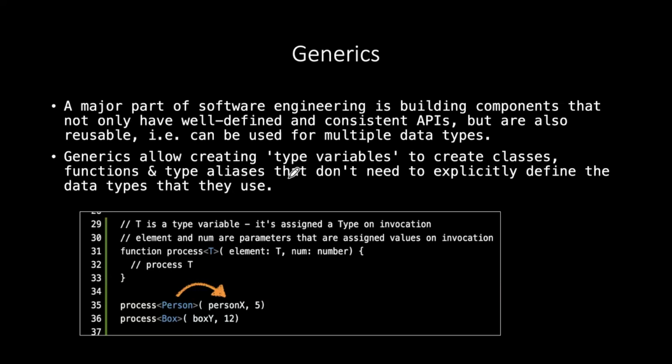It allows us to reuse classes, functions, and types in different scenarios. The second bullet point: generics allow creating type variables to create classes, functions, and type aliases that don't need to be explicit about their data types.